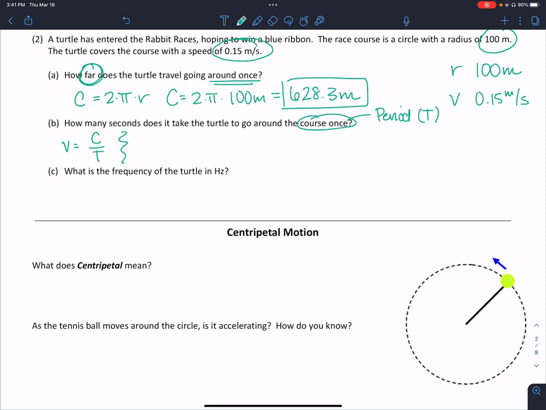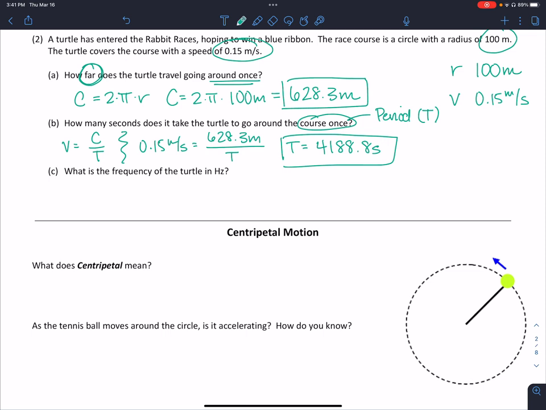So if we plug in our velocity of 0.15 meters per second, our circumference of 628.3 meters, and T for our unknown, cross multiply, do a little bit of algebra, we're going to find the time it takes the turtle to go around the circle one time is 4,188.8 seconds. It's pretty long, actually. Yeah, it takes a long time for that turtle to go around, which makes sense.